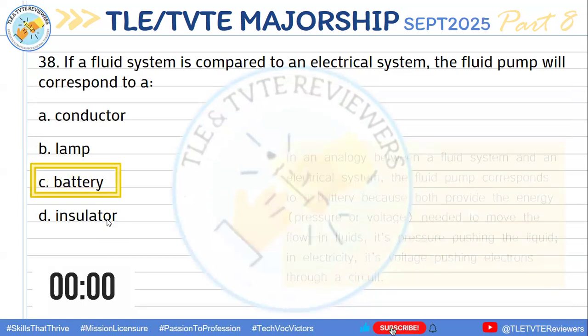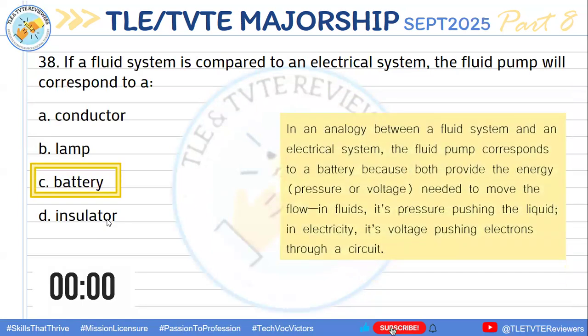Answer letter C, battery. In an analogy between a fluid system and an electrical system, the fluid pump corresponds to a battery because both provide the energy or the pressure or voltage needed to move the flow.